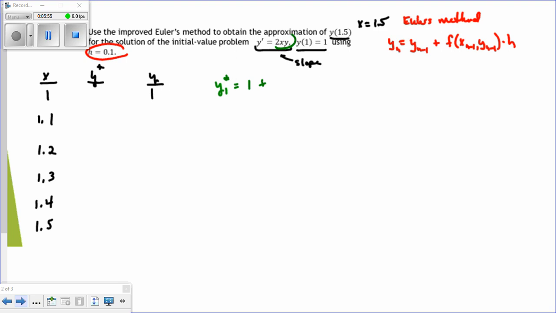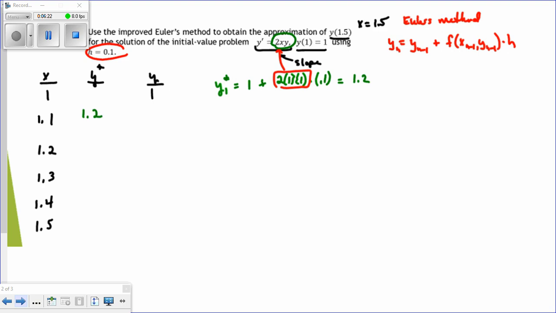Now I'm just going to use this 2xy. It's 2 times the previous point's x and y, which is 1 and 1, and then times our h, which is the 0.1. So again, this is our slope calculated from this. Okay, so that's going to be 1.2. That's our predicted value. We're not going to use that.